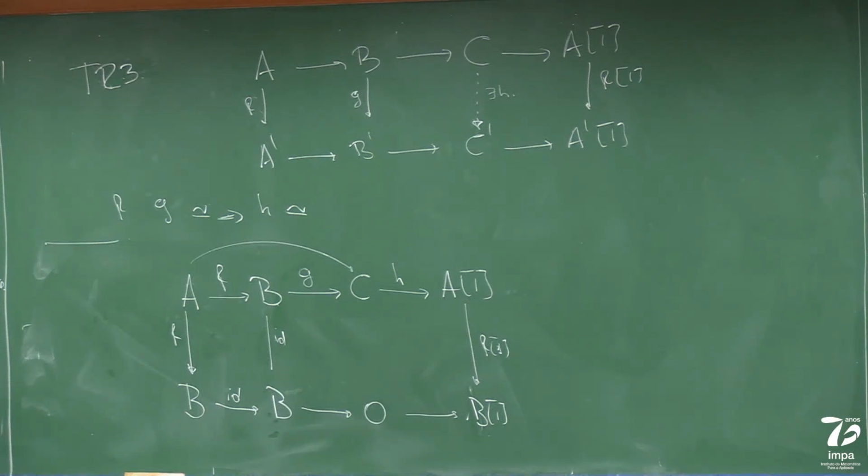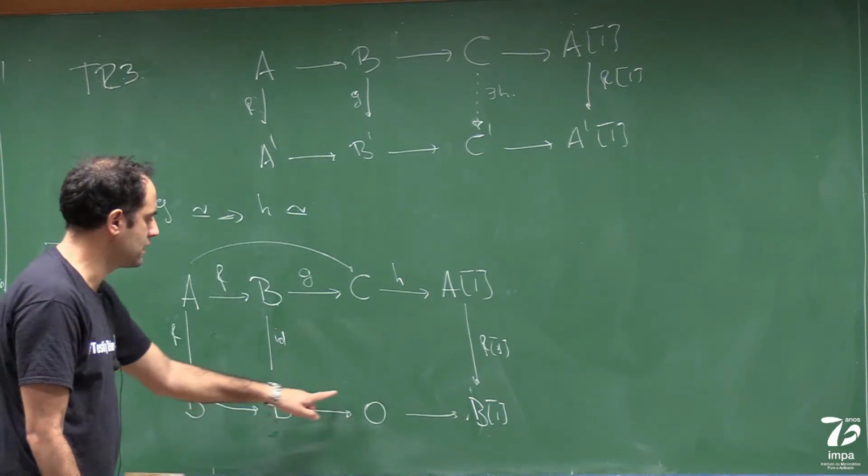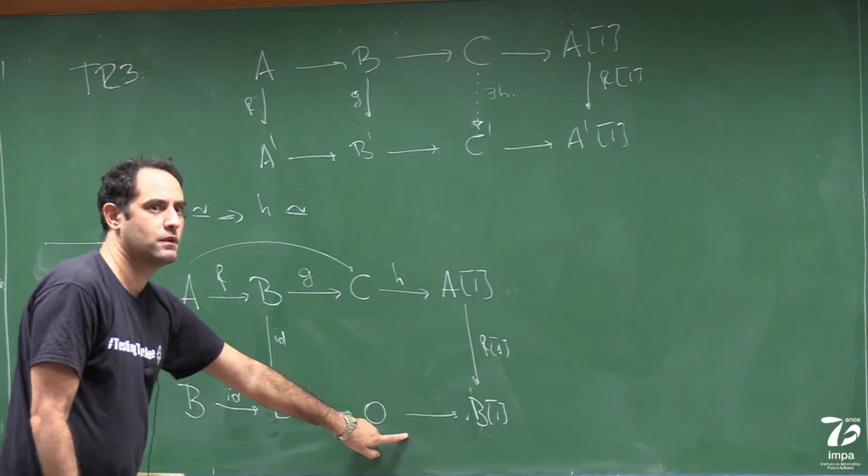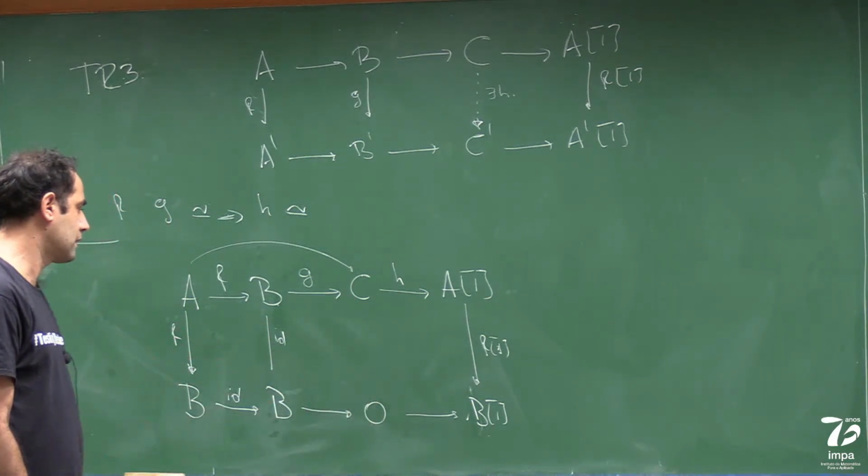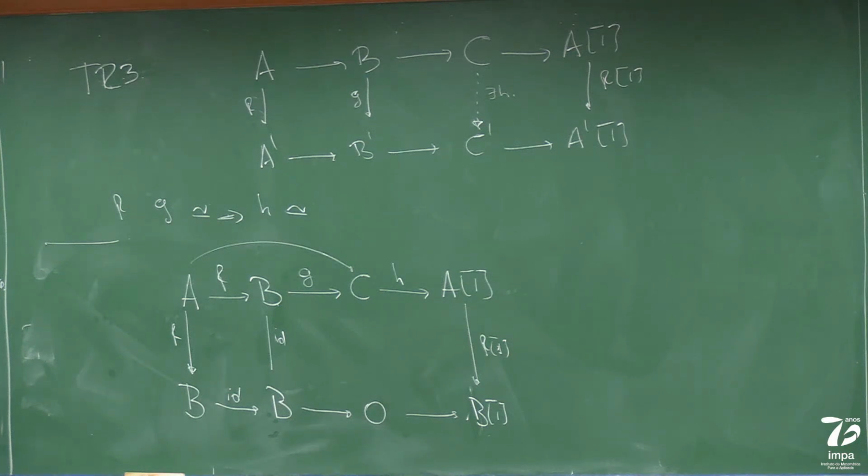If I had a way of making this into a map like this, then I would get, by composition, 0, but this is probably not what I want. So let's do something else.